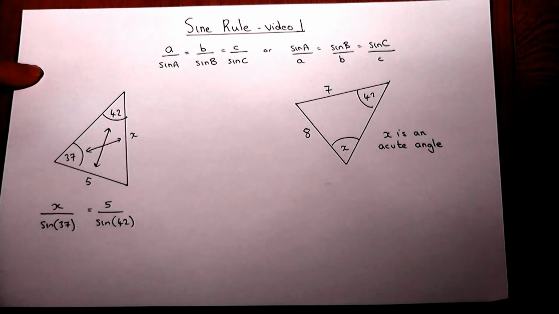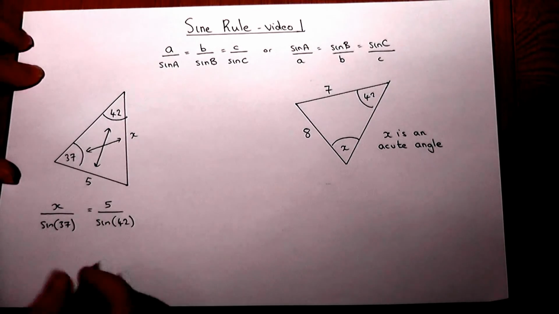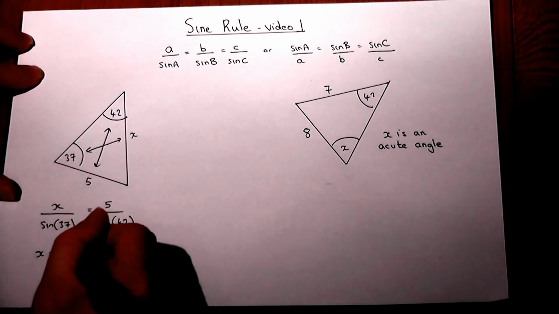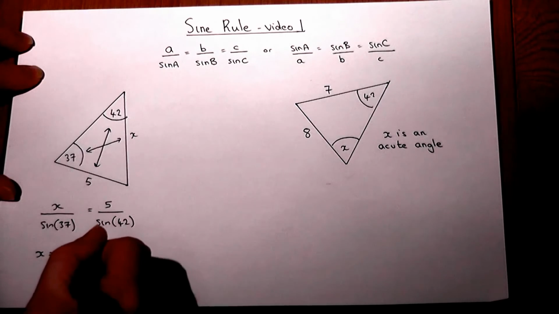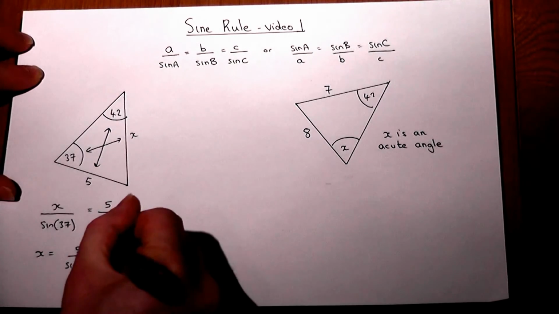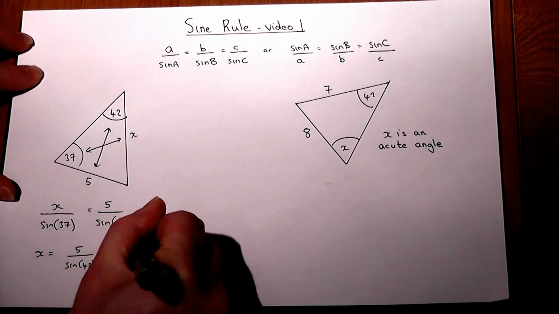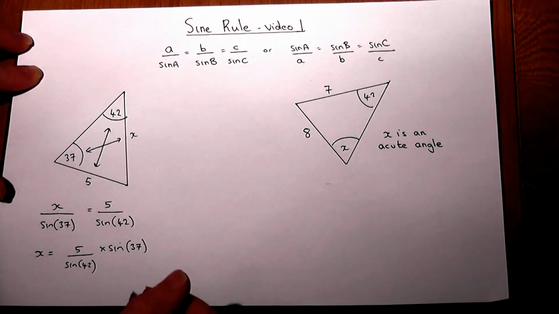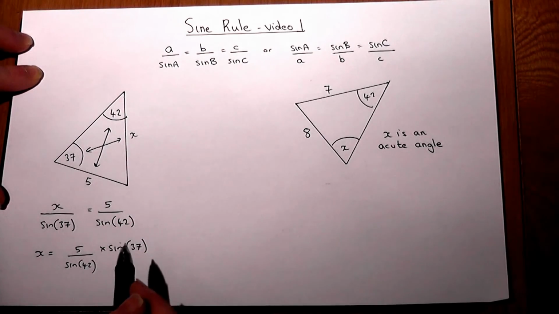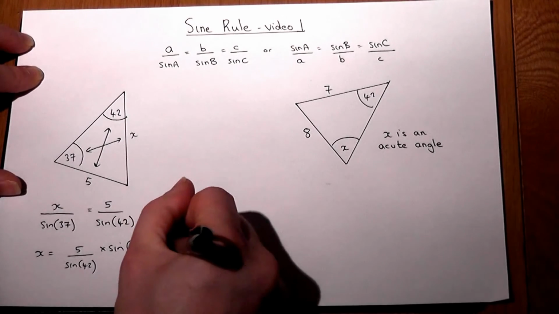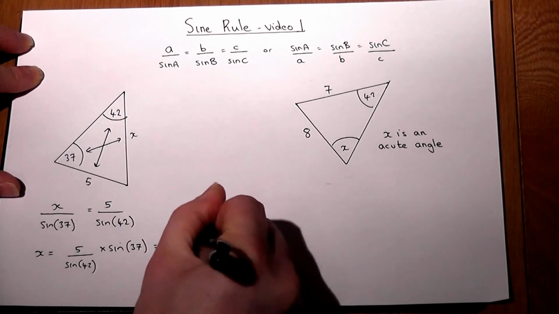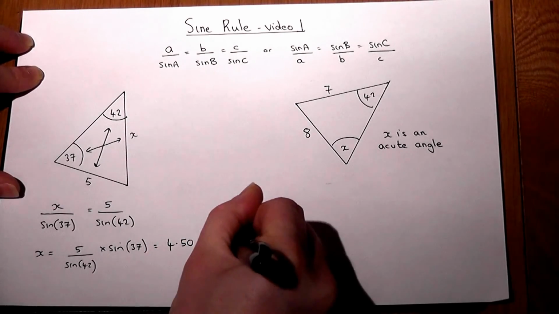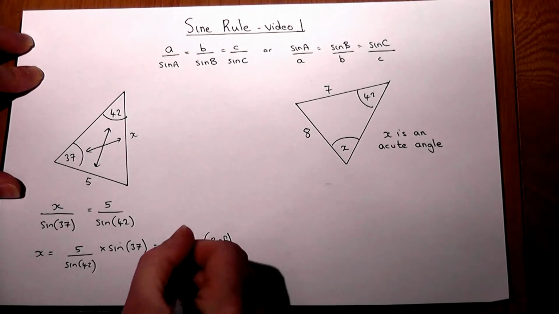So if we now multiply through by sine 37, then x will equal 5 over sine 42 times by sine of 37. And if you enter this into your calculator, you get x is 4.50 to 3 significant figures.